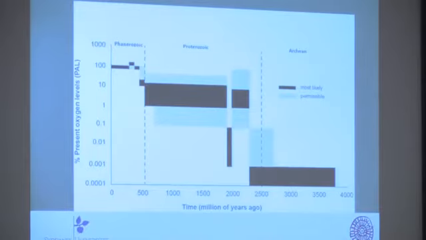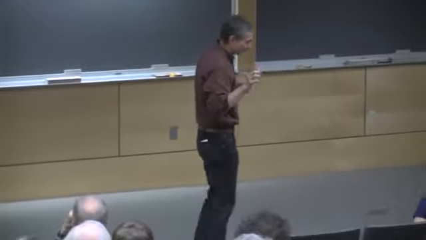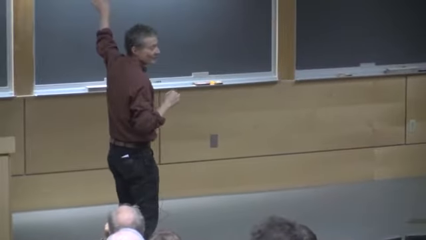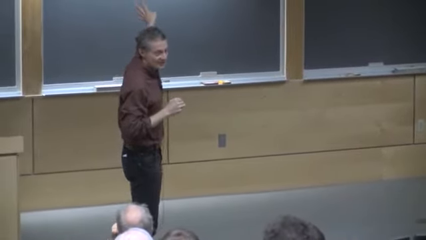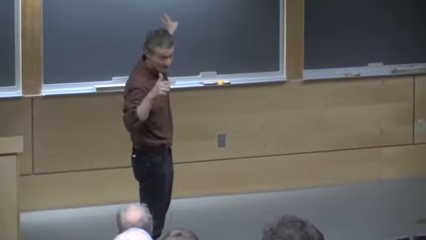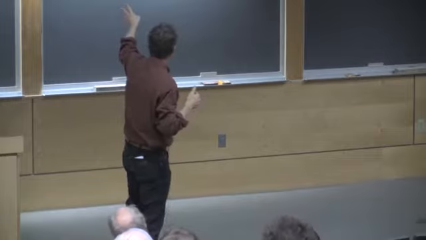And the reason is because I want to talk about animals. For those of you that might not be aware of it, animals evolved probably first around 700 to 800 million years ago, something like that. We'll talk a little bit more about that in the next slide or two.